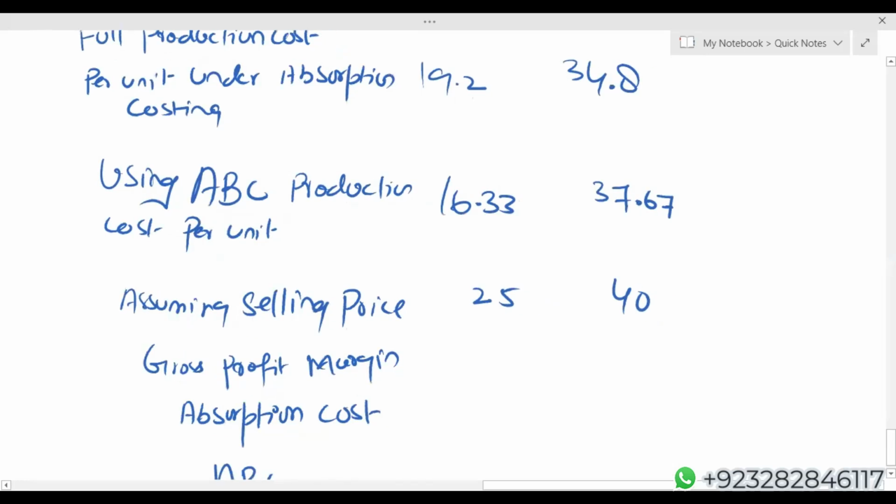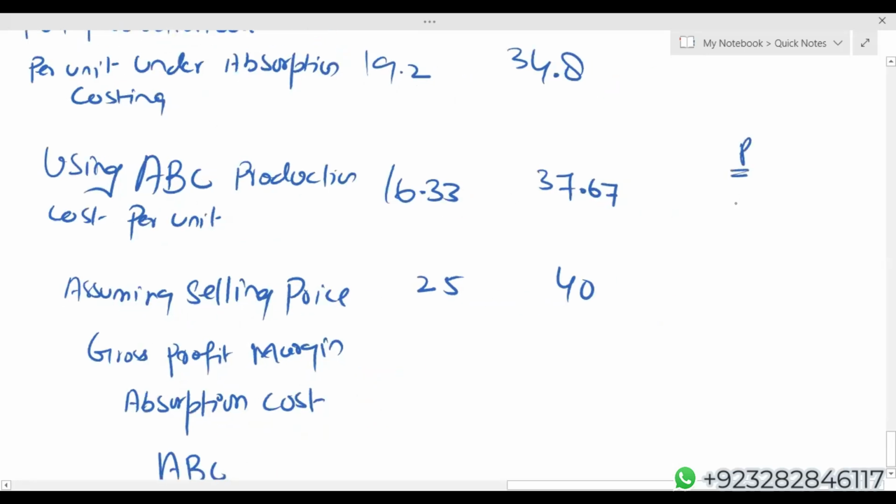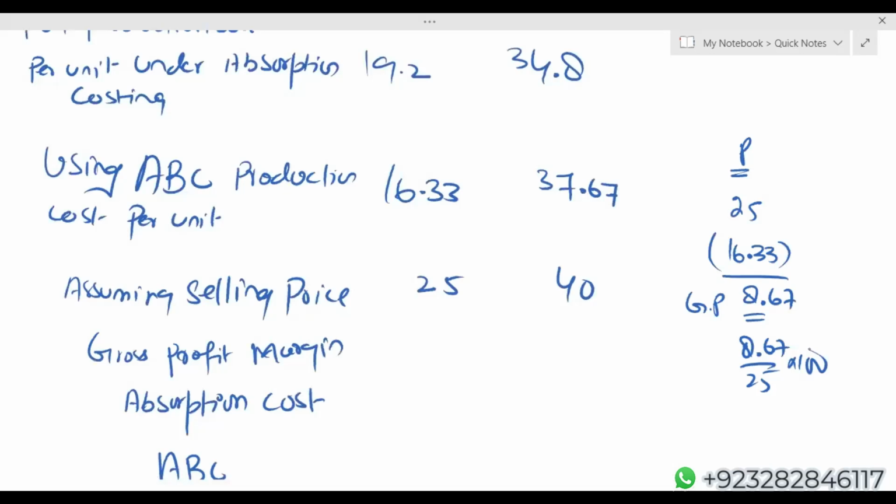For plus, the selling price we have assumed is 25. The cost of 16.33 is actually ABC, it's not absorption. So gross profit, selling price minus production cost per unit, is 8.67. So 8.67 divided by 25 into 100, under ABC the margin is 34.68%.